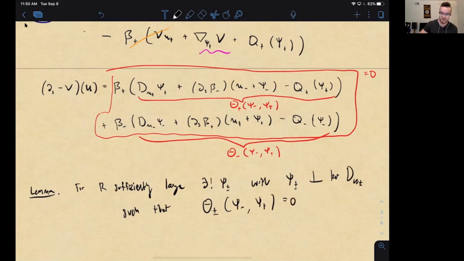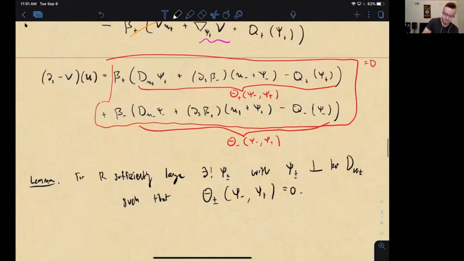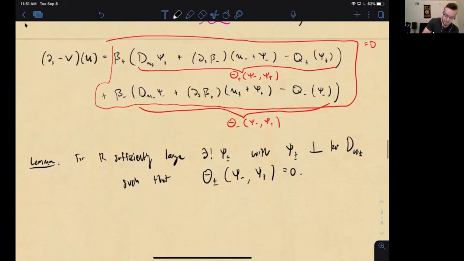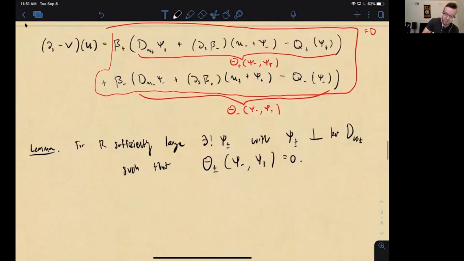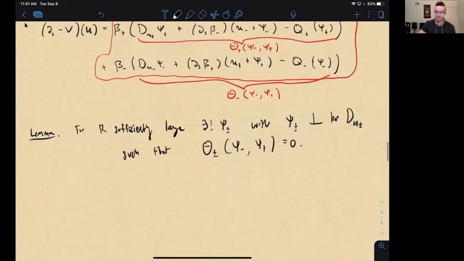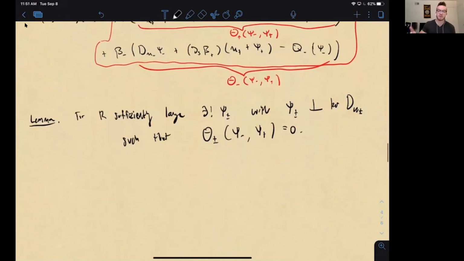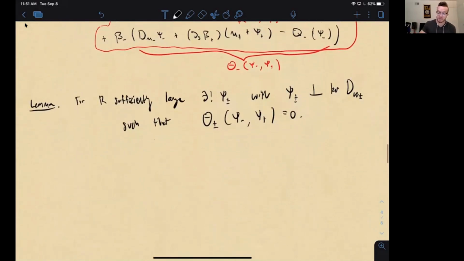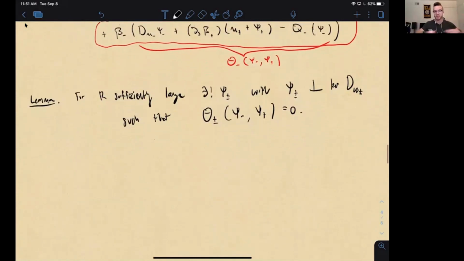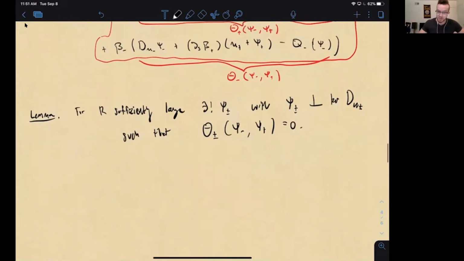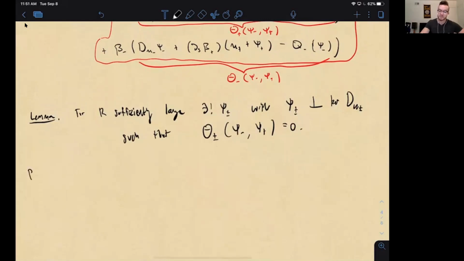So what's the idea of the proof? Very briefly in words, the idea of the proof is that we can pick R large enough to get some sort of contraction and then use a contraction mapping argument to find a unique solution.